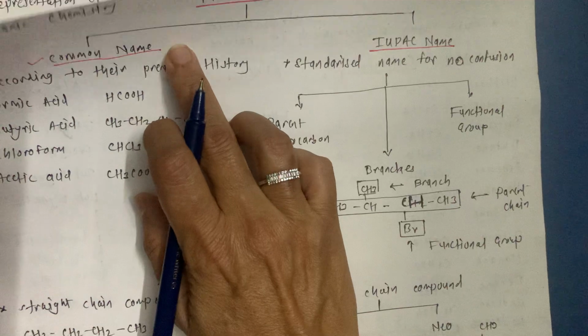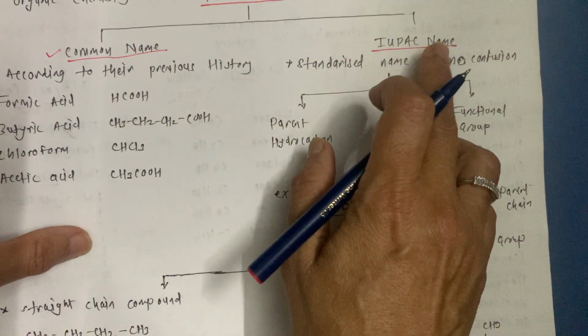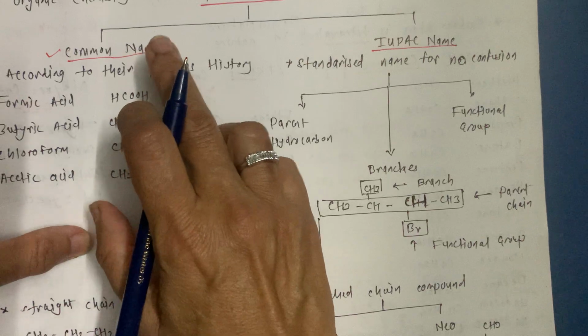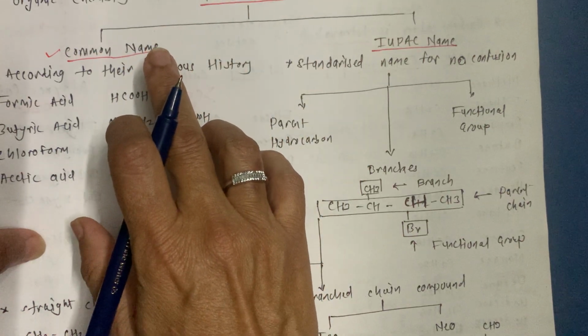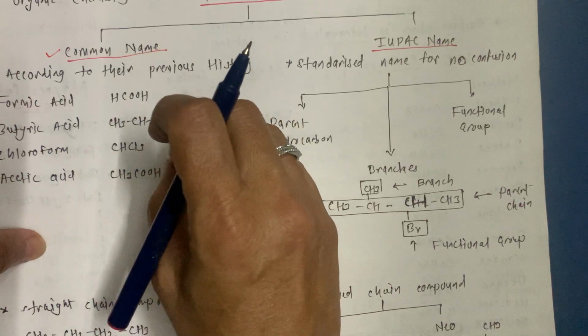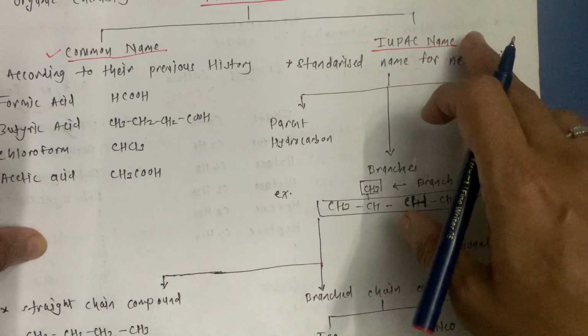Now what is common name and what is the difference between common name and IUPAC name? Common name is our pet name. What is the pet name? Pet name depends upon your qualities or your properties. And what is IUPAC name?